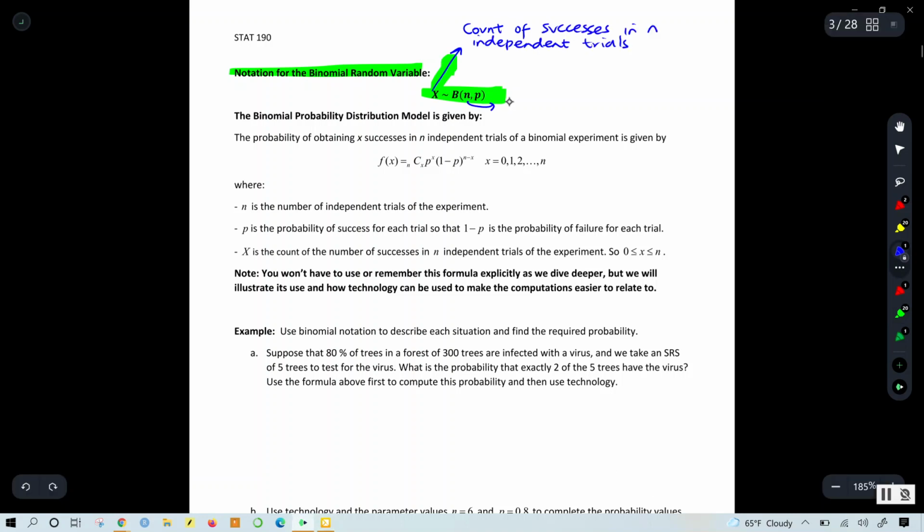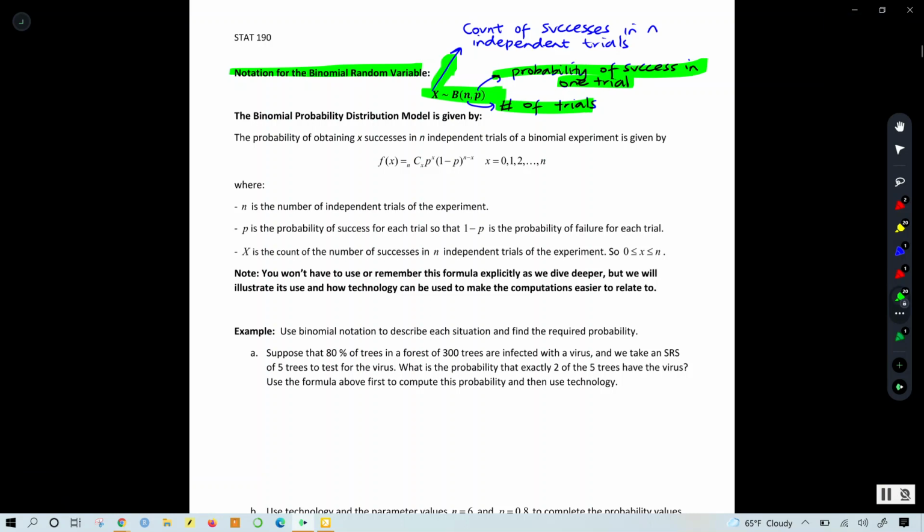And our n represents the number of trials in the binomial experiment, whereas p represents the probability of success in one independent trial.